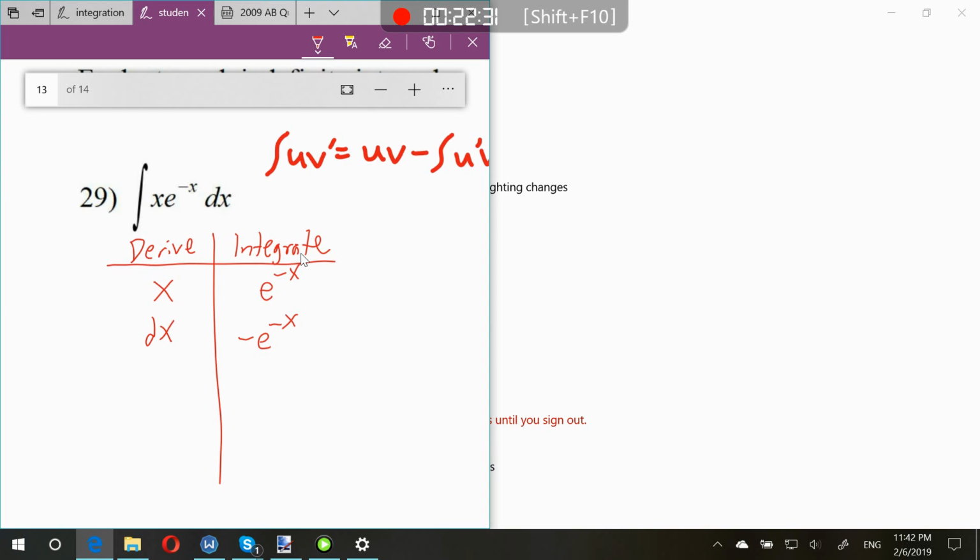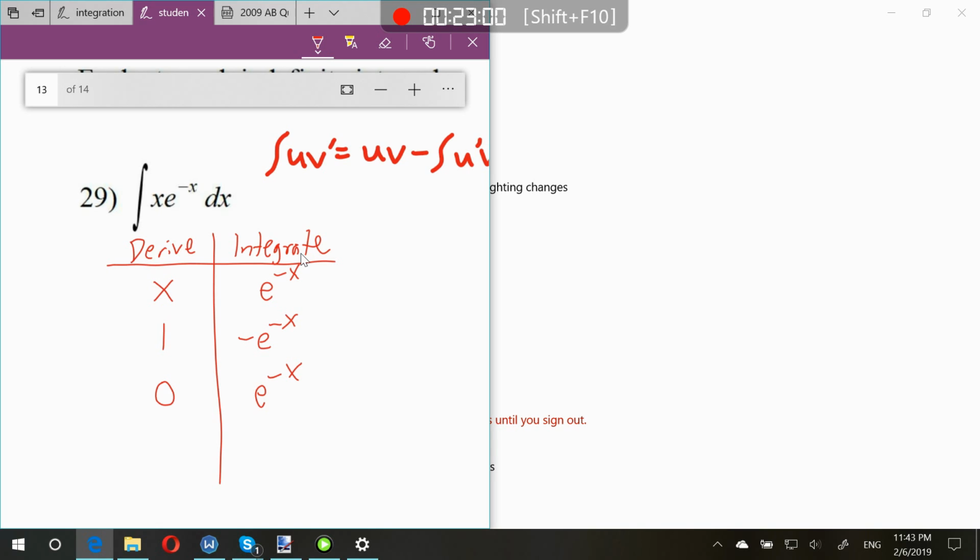It'll actually be 0. My derivative of x is 1. So if I derive 1, that's a constant, I'll end up getting 0. I'm going to leave this as 1 for now. What happens if I integrate negative e to the negative x? E to the negative x.